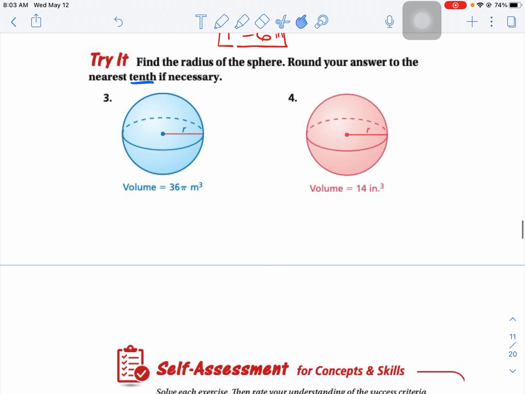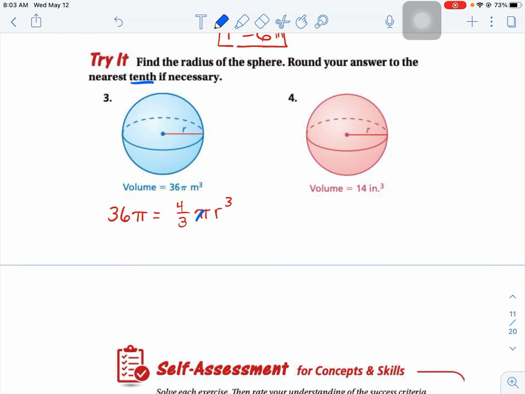All right, same idea here for these. You can pause the video, solve them on your own, and as soon as you are ready, you can play them back to see if you solved them correctly. So here for number 3, again, I would get 36 pi equals 4/3 pi r cubed.